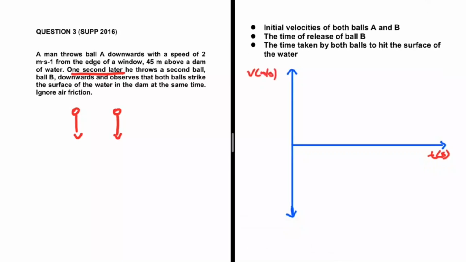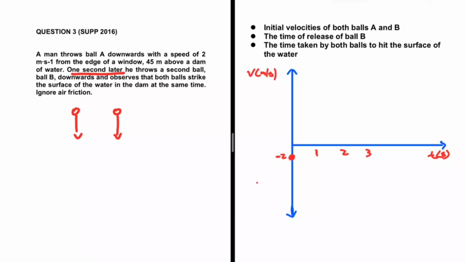Because ball A strikes the ground in 2.83 seconds, on the time axis we can have 1, 2, 3. The initial velocity for ball A is minus 2 meters per second. That is at t equals 0. So we have a coordinate right there. And for ball B, the initial velocity is 15.62 meters per second downwards.